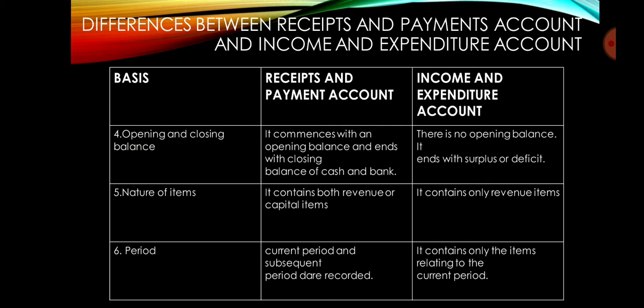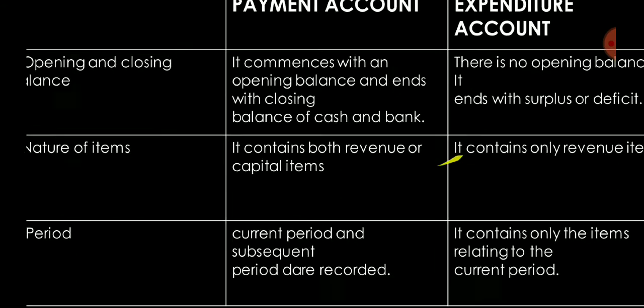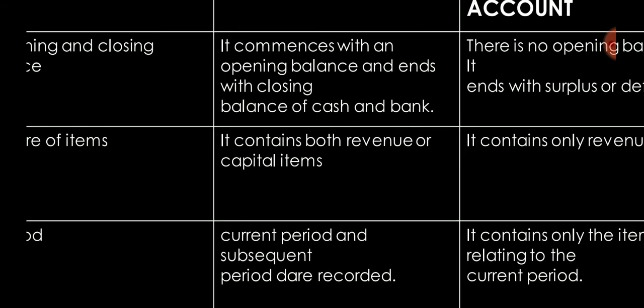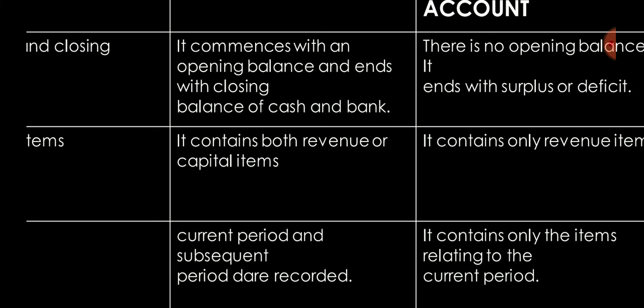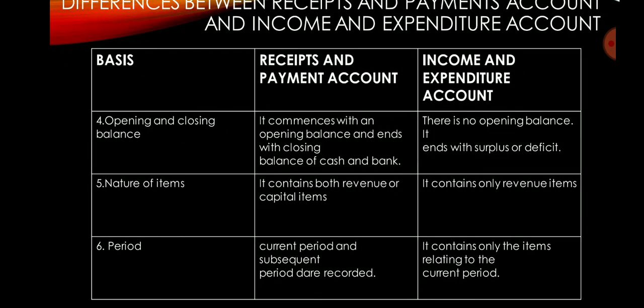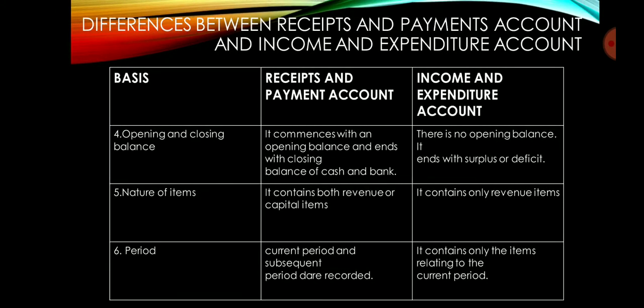In the receipts and payment account, current period and subsequent period items are recorded, but income and expenditure contains only the items relating to the current period. So these are the differences between receipts and payment account and income and expenditure account.